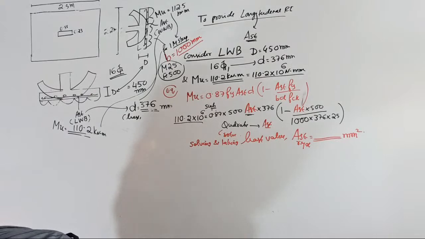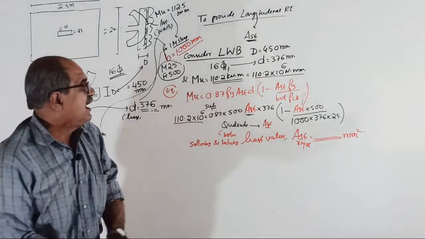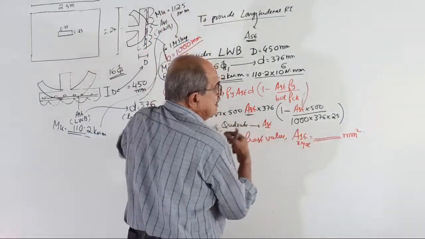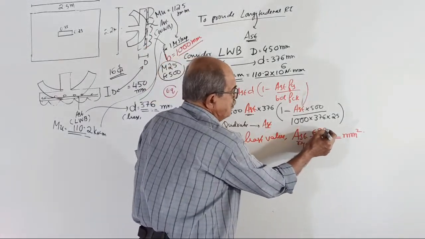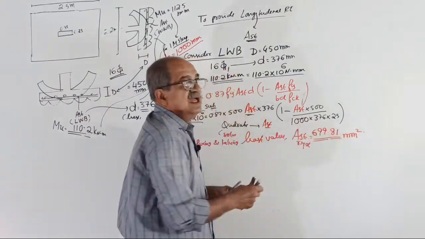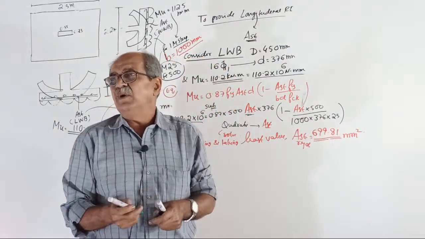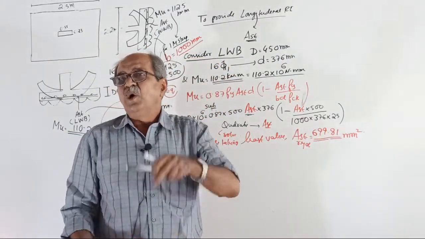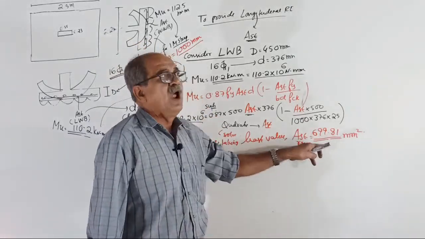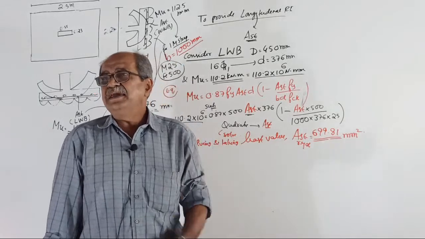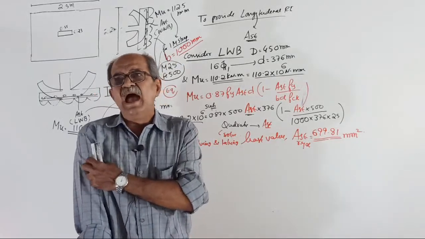Okay, 699.81. Remember, I am depending on you. After some time, if someone tells me it is wrong, I will close the class immediately. Why? Because at least one more person has to give the answer. After some time, if you tell it is wrong, then I cannot come back once again. I will get angry and stop the class.